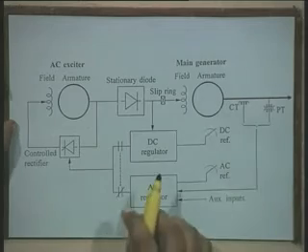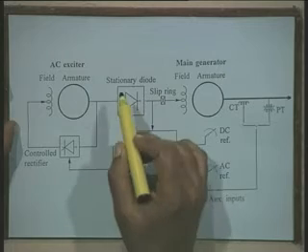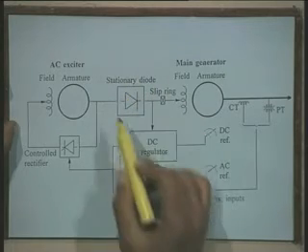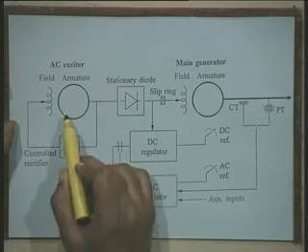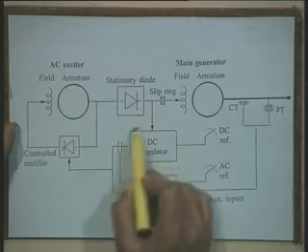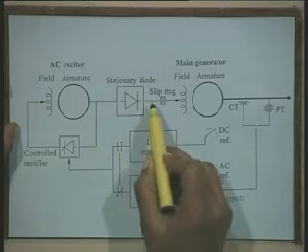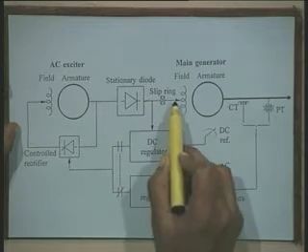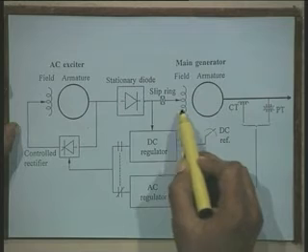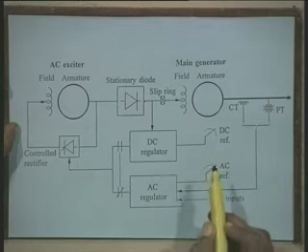Generally, this AC exciter is driven by the turbine shaft itself. Now, here in this arrangement, we are using the stationary diode arrangement, that is the output of the AC exciter is rectified with the help of stationary diodes, and the DC current is fed to the field winding of the synchronous generator through slip rings.